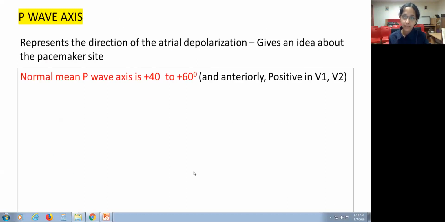So normally our pacemaker is the sinus node, and hence the P wave axis is usually inferior and leftward. It is usually 40 to 60 degrees, and if you see it in the axial plane, it's anterior. These two things we had done in the last class, the direction of the P wave vector. So that is what decides the P wave axis.